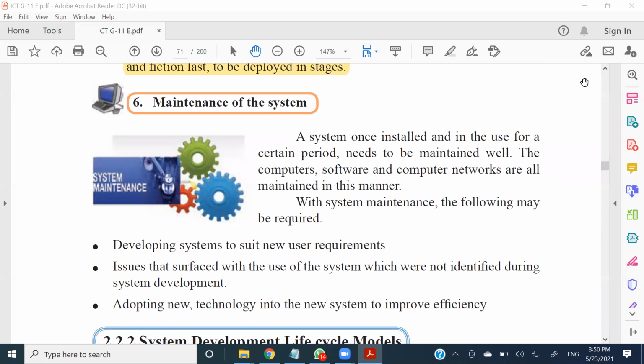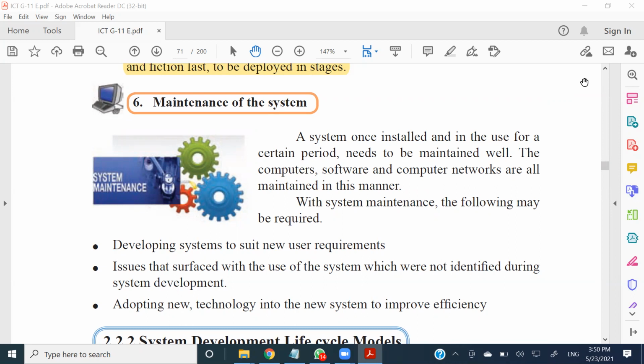Or taking in new technologies, if the company needs to absorb new technologies into their organization and it connects with the system, again we have to look into that as the project team, and it is considered under the maintenance, right?